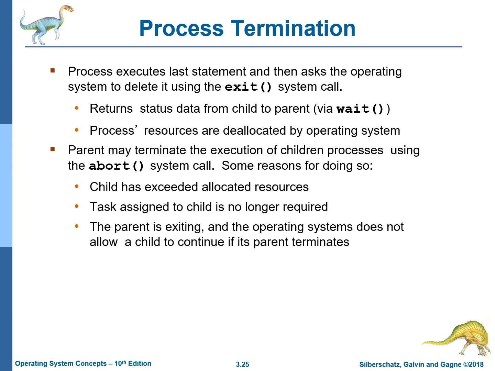Parent may terminate the execution of children processes using the abort system call. Some reasons for doing so are child has exceeded allocated resources and task assigned to child is no longer required, and the parent is exiting and the operating system does not allow a child to continue if its parent terminates.